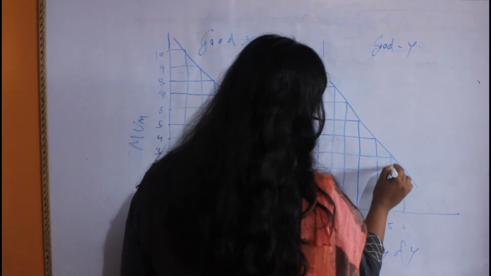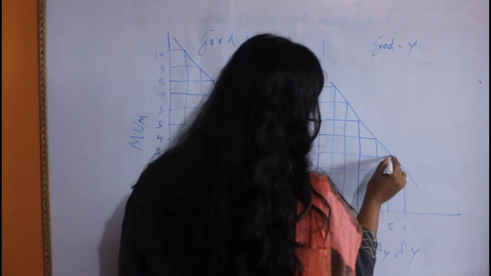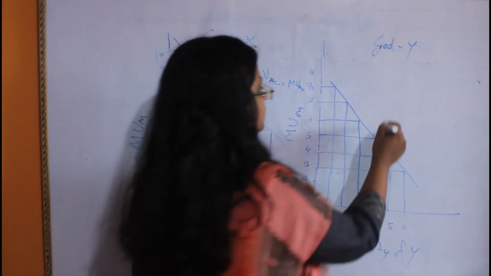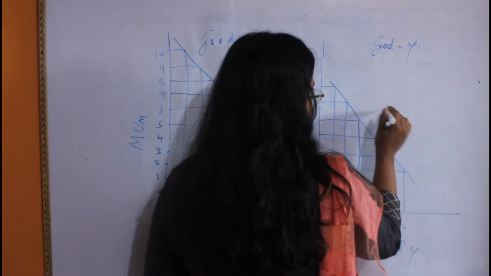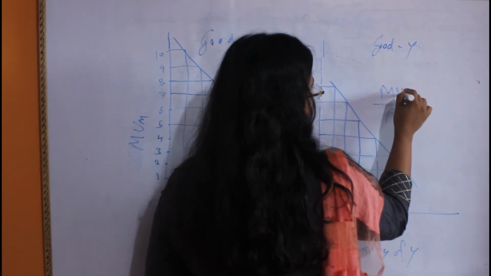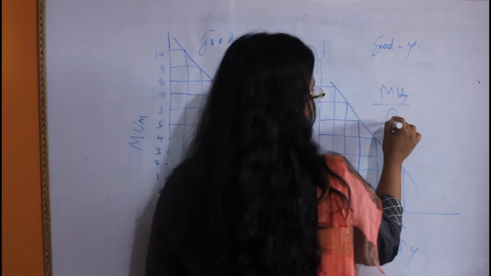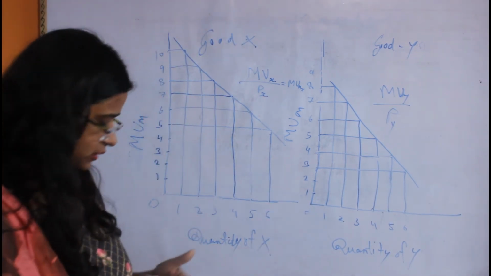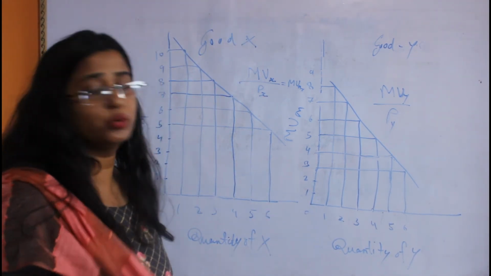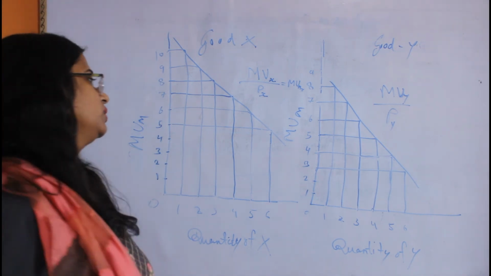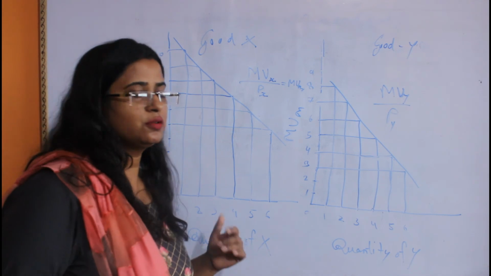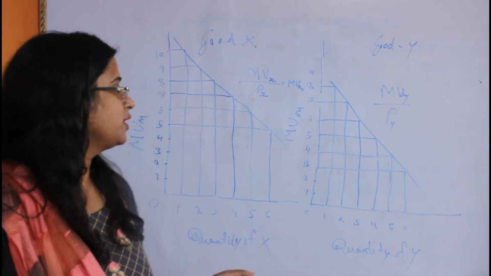It should be a linear one, right? So this is the marginal utility of Y upon price of Y. So we have got the curves for both the commodities, the marginal utility of money for X and the marginal utility of money for commodity Y.